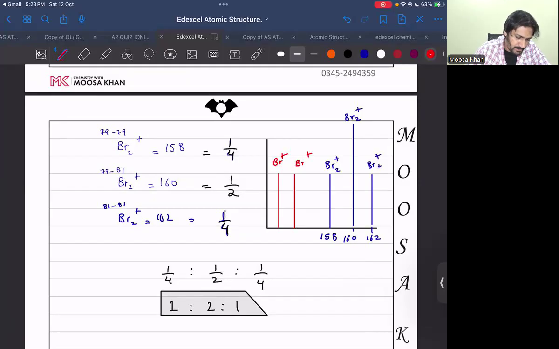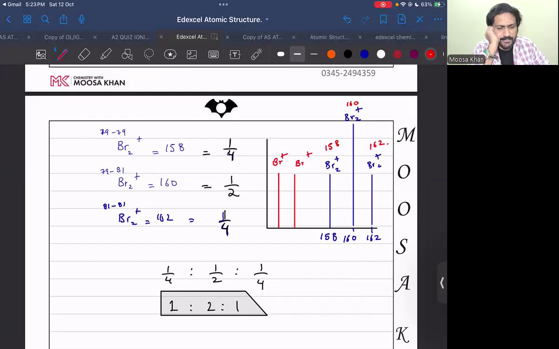It is for 158, 160, and 162. Yes, Spike and Sarah, I know it's a difficult concept. You have to revise it again.